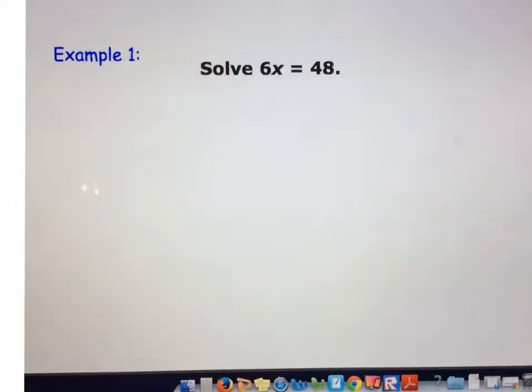In our first example, 6x equals 48, we are going to solve for the variable x. We know that 6 and x are written right next to one another, which means 6 and x are being multiplied together to equal 48.